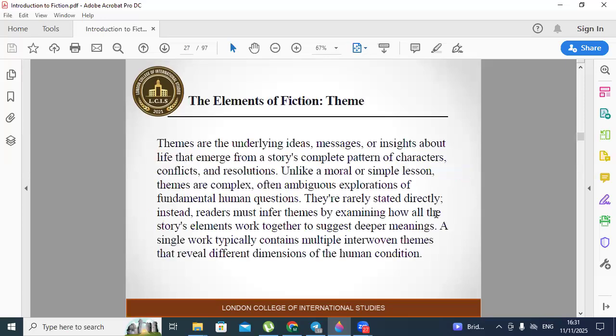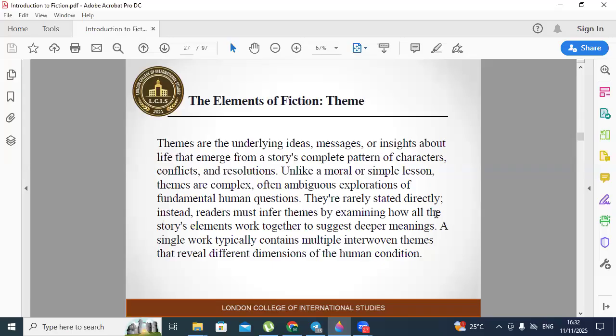The elements of fiction: theme, and we will finish with this one. Themes are the underlying ideas, messages, or insights about life that emerge from a story's complete pattern of characters, conflicts, and resolutions. Unlike a moral or lesson, these are complex, often ambiguous explorations of fundamental human questions.